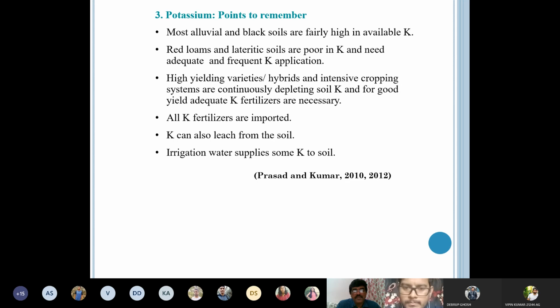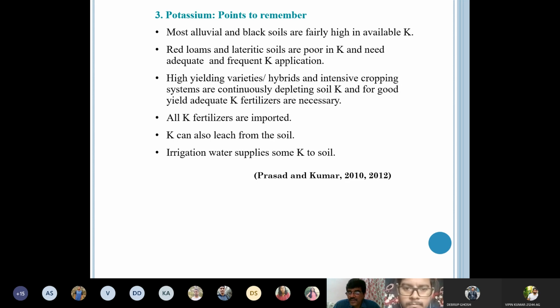Now in case of potassium, as we know, most of the alluvial and black soils are fairly high in available K. So mostly we should give fertilizer based upon the soil test values. In red loams and laterite soils, which are poor in K, we need to apply adequate potassic fertilizer. High yielding varieties, hybrids and intensive cropping systems are continuously depleting K, particularly cereals and starchy crops.